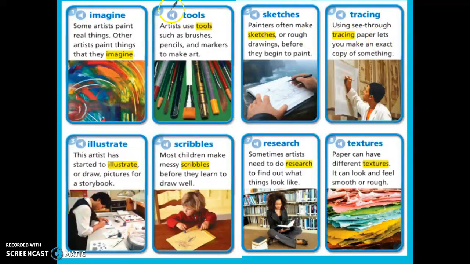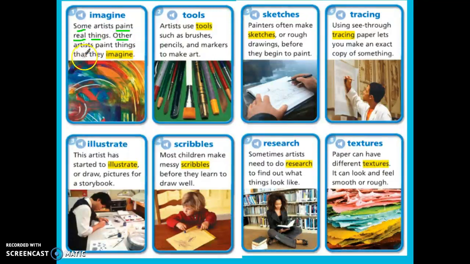So, we're going to start out with our first word, imagine. The text says some artists paint real things, other artists paint things that they imagine. So as I read the text, I'm picking out these words. Some paint real things, others, meaning maybe they're about to tell me something that's the opposite.